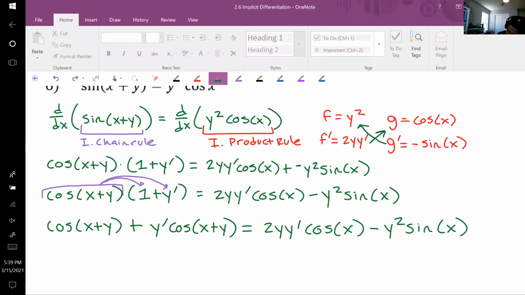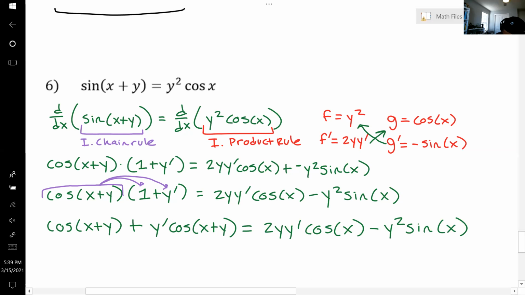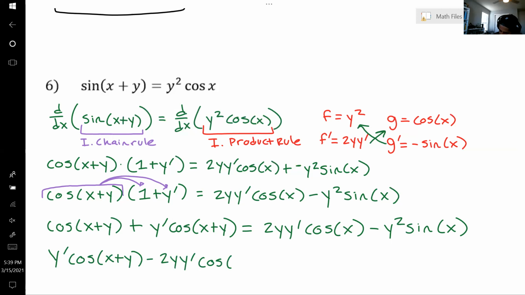So what we have is y prime cosine x plus y minus 2y y prime cosine x equal to, and everything's going to be negative, right?